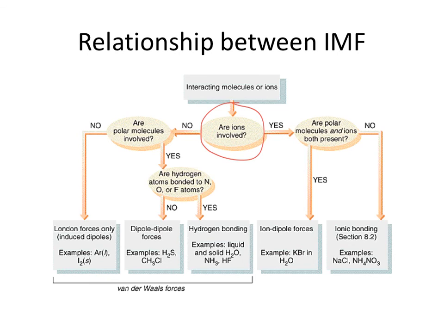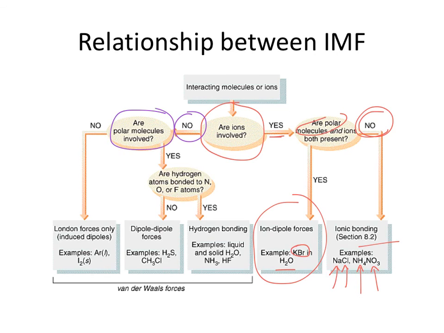If that's a yes, then is it both polar molecules and ions or just ions? Both of them, that's ion-dipole forces. For example, I've dissolved an ionic compound in water. If it's not, it's only ions, then it's plain ionic bonding. So we have Na and Cl, or NH4 and NO3. Those are all ions.